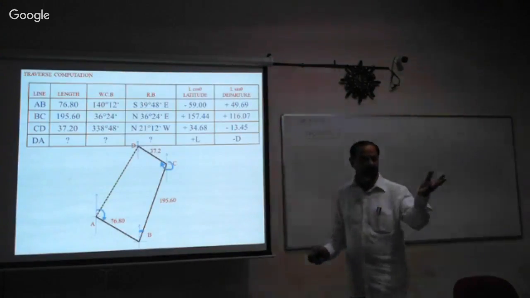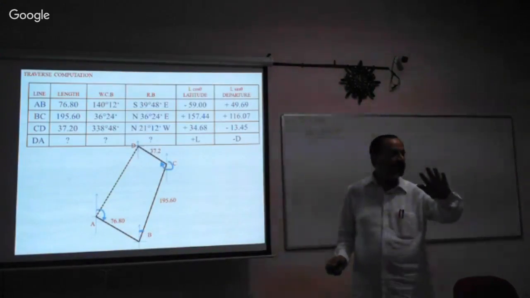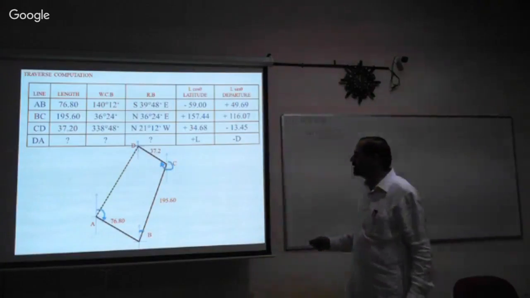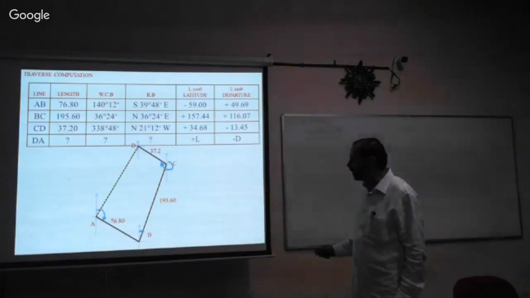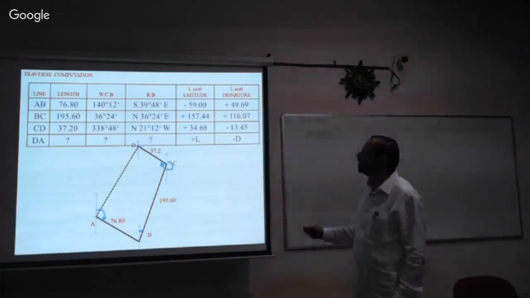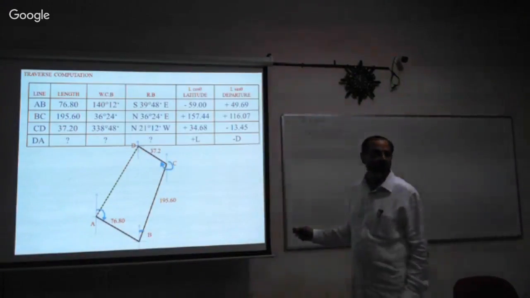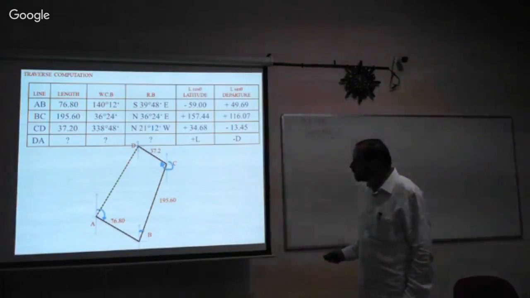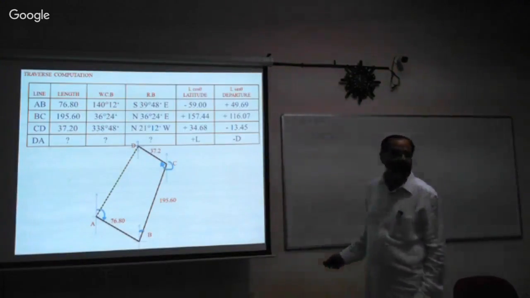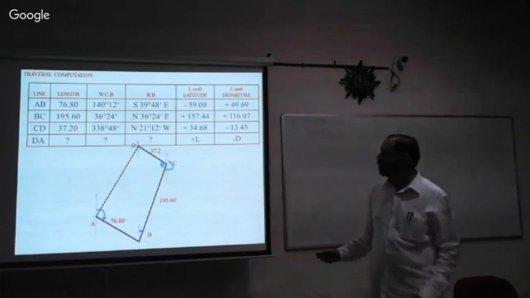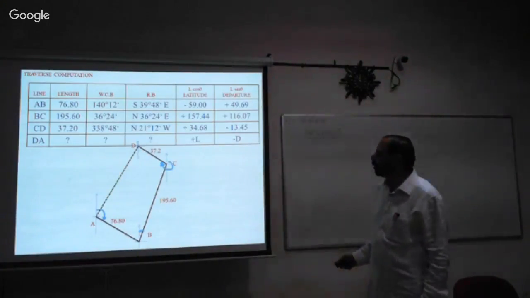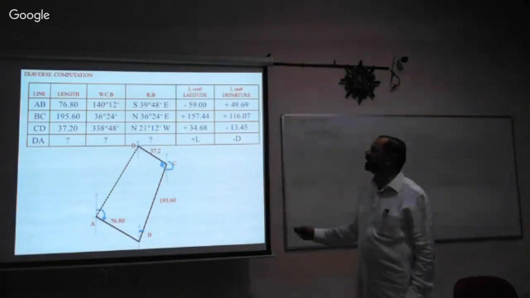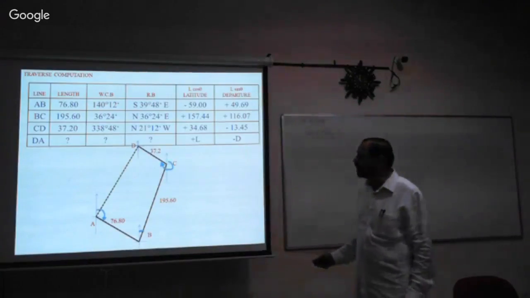Now, converting the whole circle bearing into reduced bearing. The whole circle bearing of AB is given as 140 degrees 12 minutes. Therefore, the reduced bearing of AB is 180 minus the whole circle bearing.